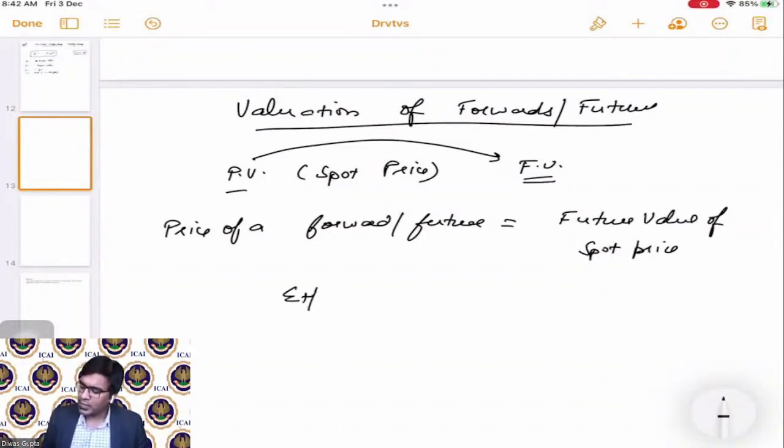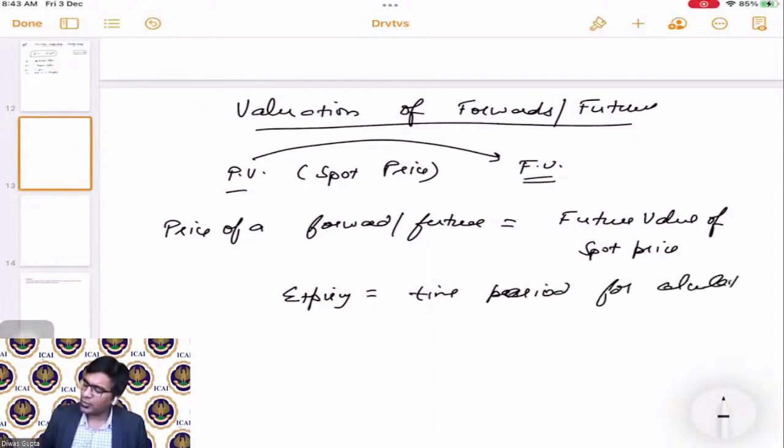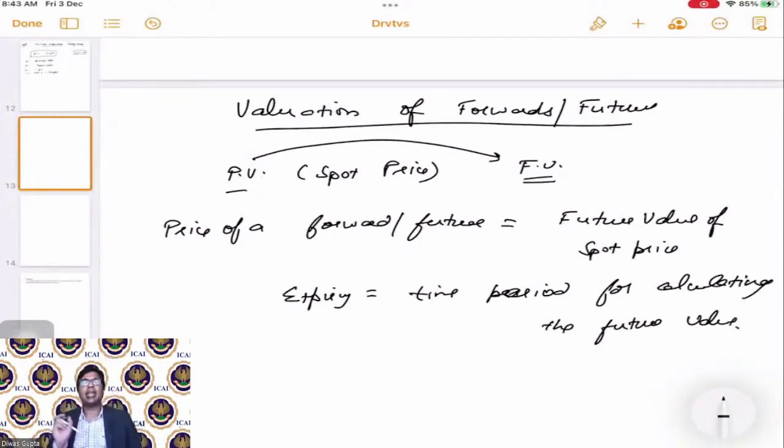Now, in this, the expiry would be the time period for calculating the future value. Simple. Because for calculating the future value, we need a time period, correct? So the time period is the expiry of the future.